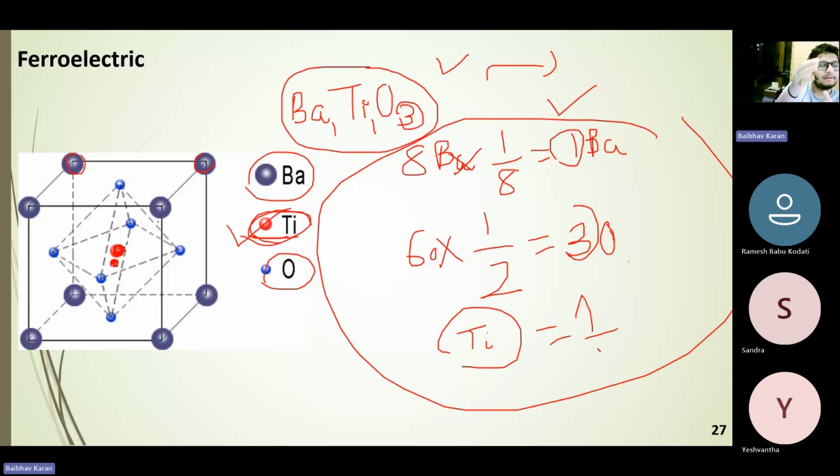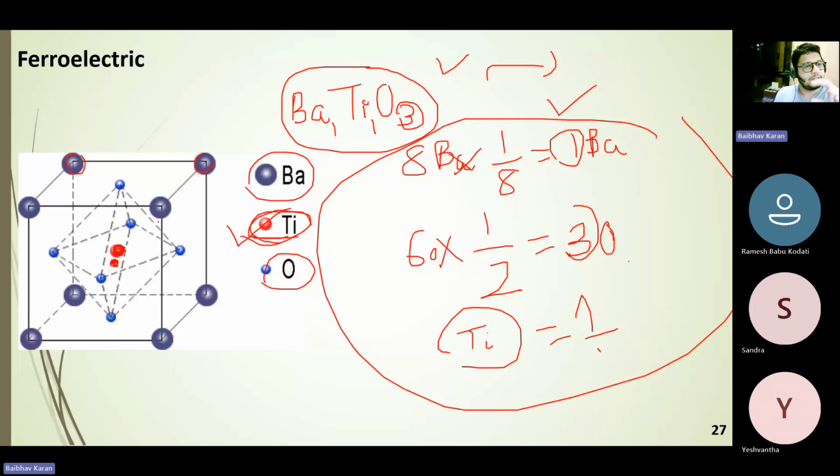If the titanium atom had sat in the center of the unit cell, then the charge balance would be proper, because the equivalent of the negative charge is present at the center, and the titanium atom would balance this charge. But this is not the case, because the titanium atom has displaced due to the lattice structure arrangement.